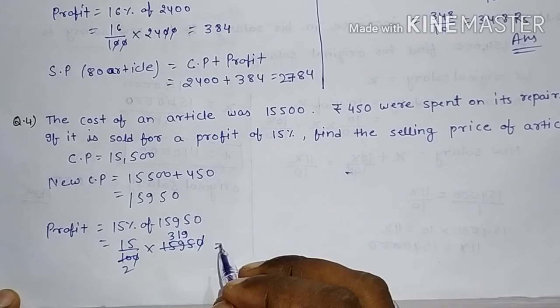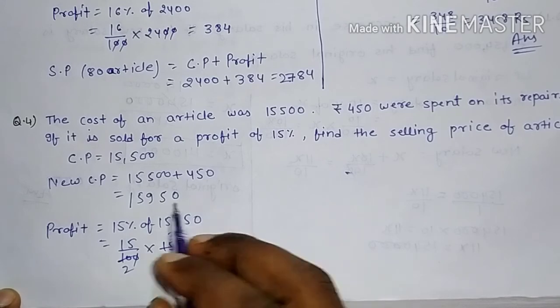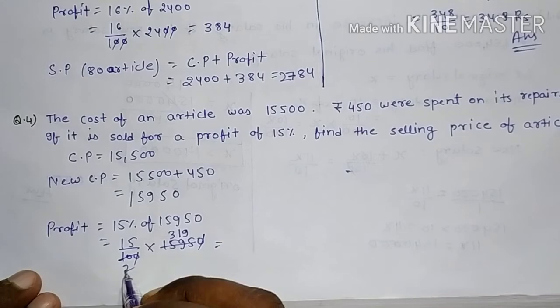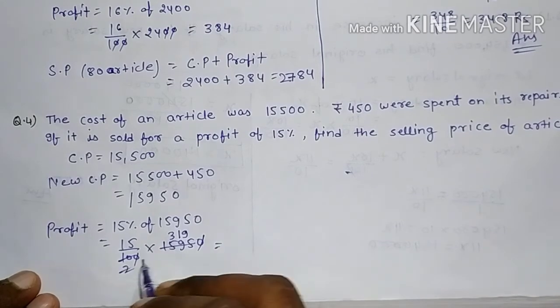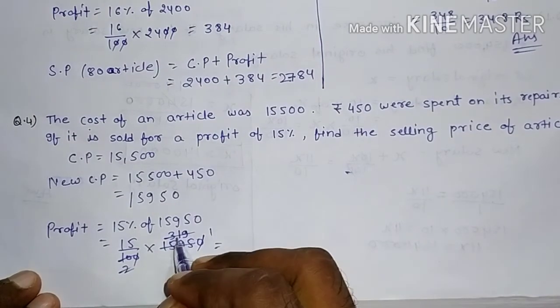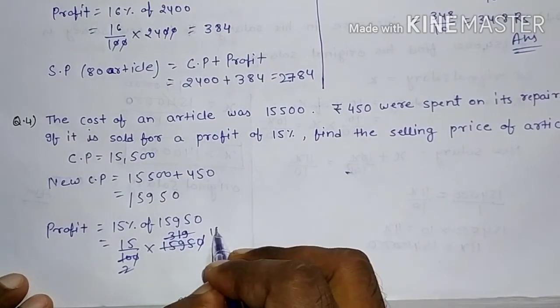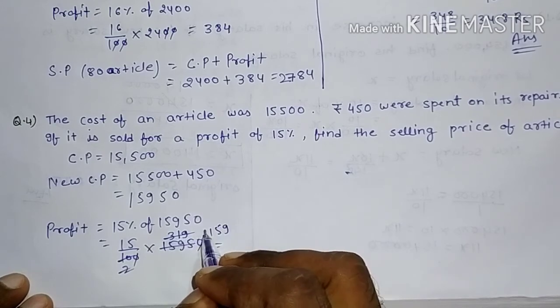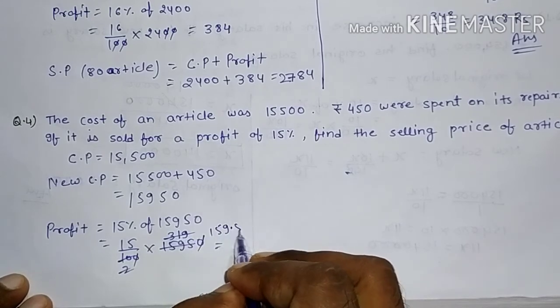So on simplifying this, 2 and 3 19, it will cancel out. 2 1s are 2, 11, 2 5s are 10, 19, 2 9s are 18, 10, 2 5s are 10.